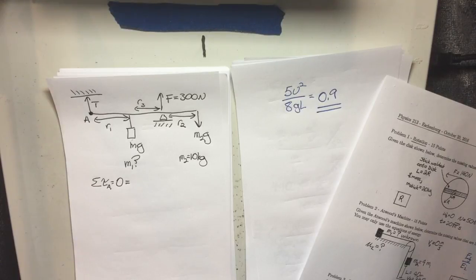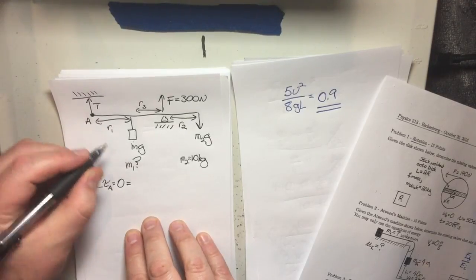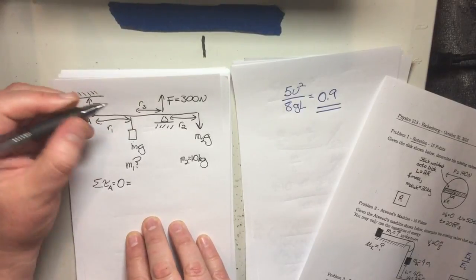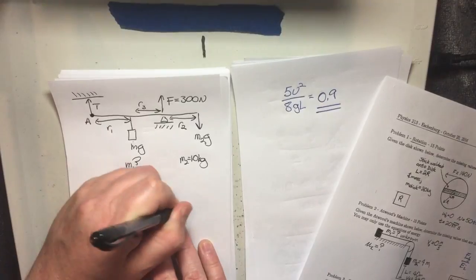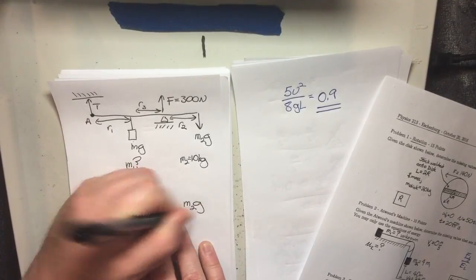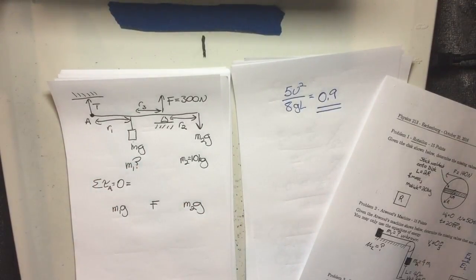Why? Because the distance from the force to the rotation point that I'm using is 0. So you don't have to use it. But there are 3 other forces: M1G, F, and M2G, where M1 is the unknown.